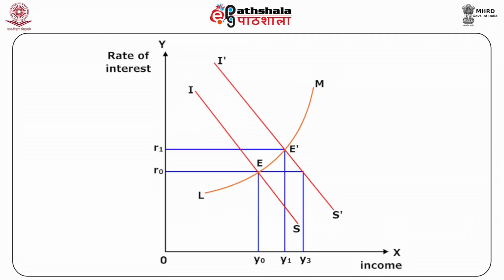Now, what happens in this case is that when the government spends more, then it has to somehow recover this excess expenditure either through taxes or through borrowings.